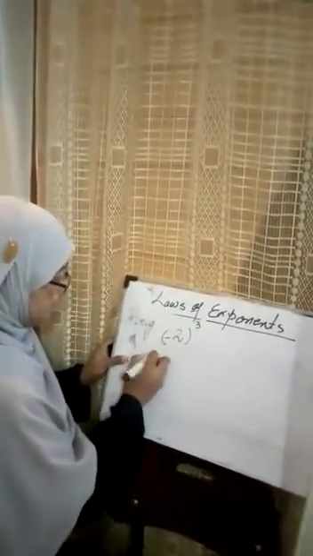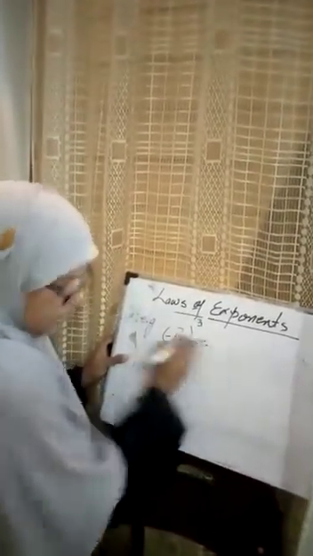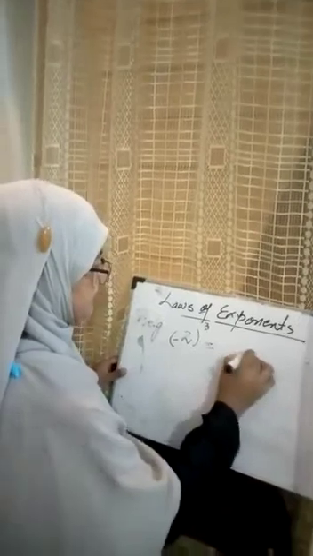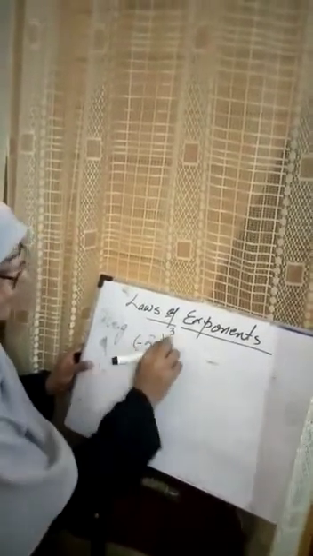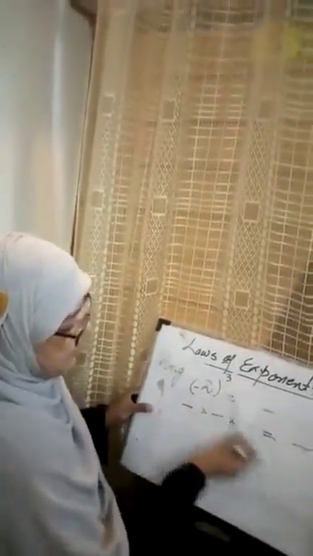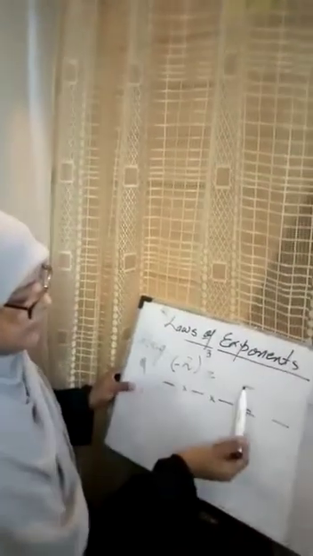When we solve it, you can solve directly. Its sign will be minus. How? Minus 2 multiplied by minus 2 multiplied by minus 2, you will multiply three times. Minus multiplied by minus gives plus, plus multiplied by minus gives minus. You can tell its answer directly: minus.